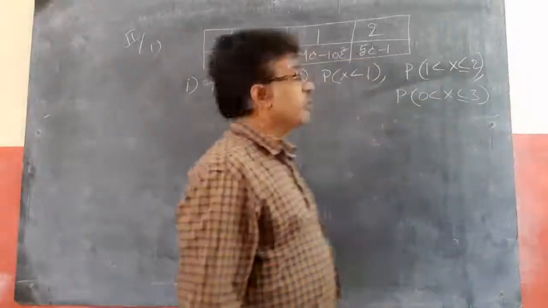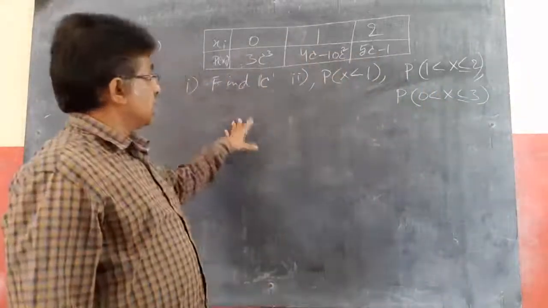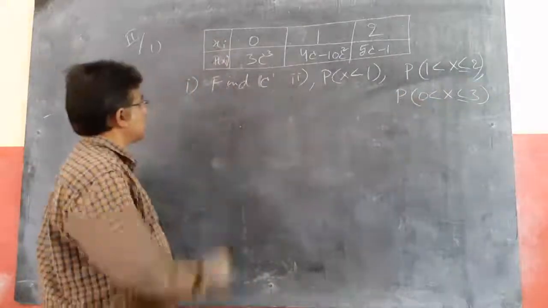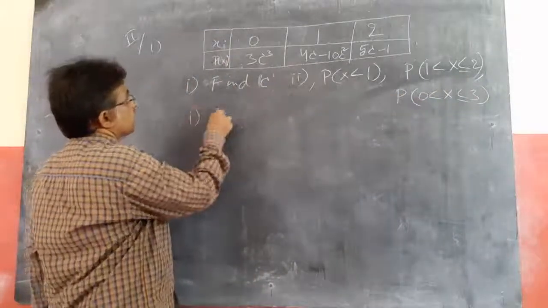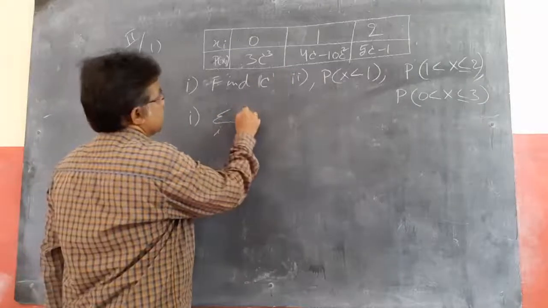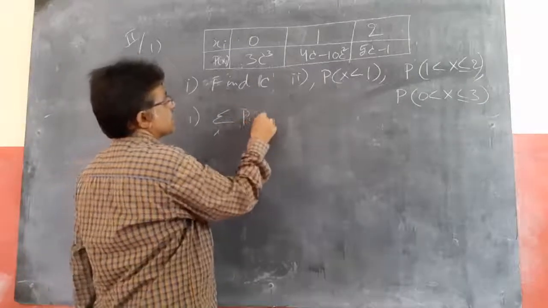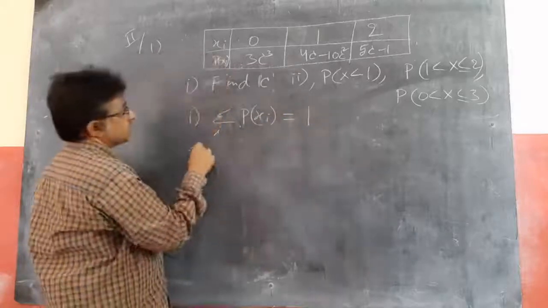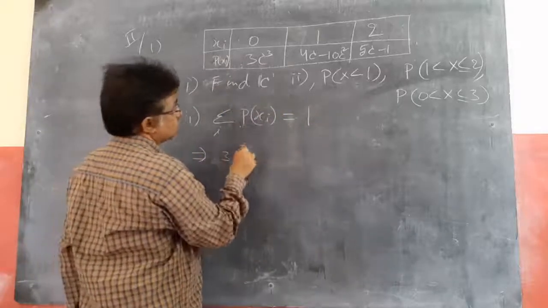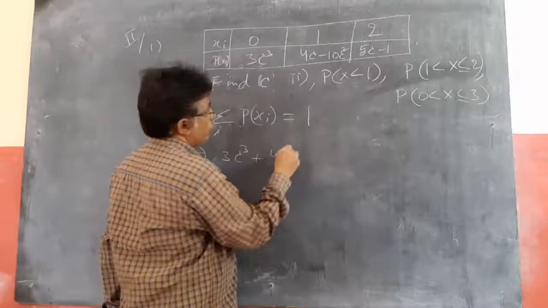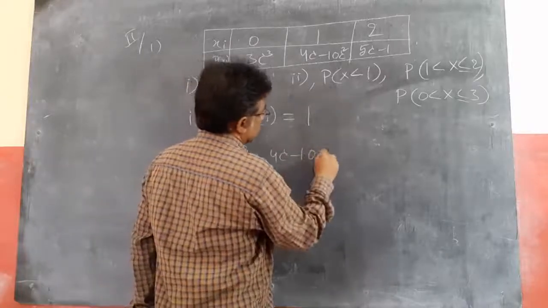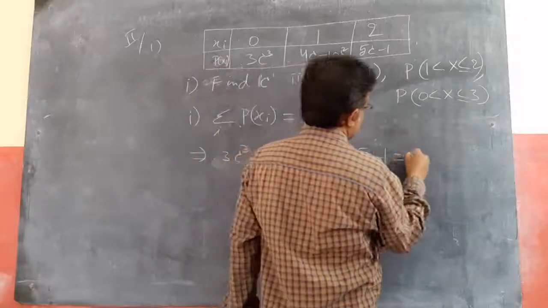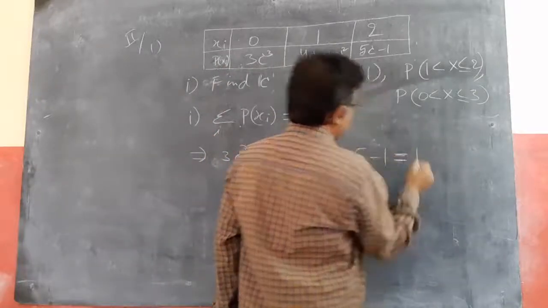First of all, we need to find c. Sigma P of xi is always 1, total probability is always 1. So, sigma P of xi equal to 1 implies 3c cube plus 4c minus 10c square plus 5c minus 1 equal to total probability 1.